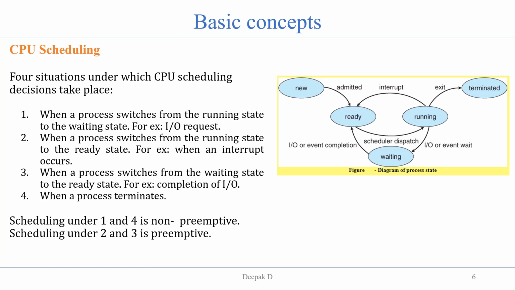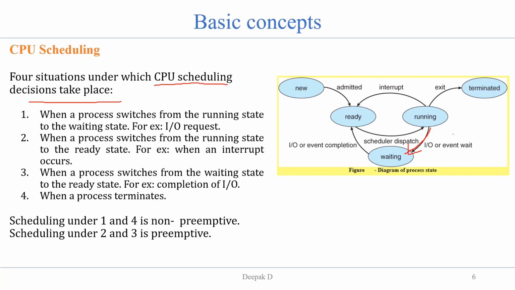The next one is we shall see with respect to the CPU scheduling, where actually the decision takes place. There are four situations out there. The first one is whenever the process switches from the running state to the waiting state. This might be because of some IO request or invocation of wait for the termination of any one of the child processes.